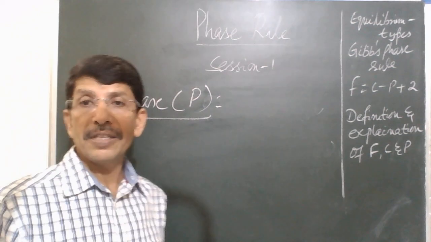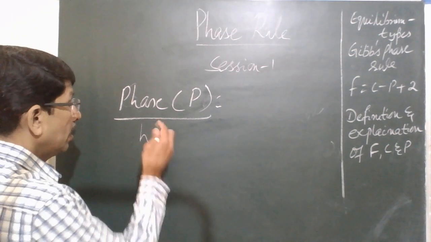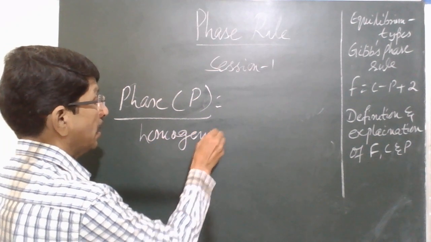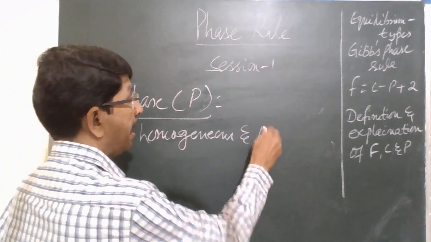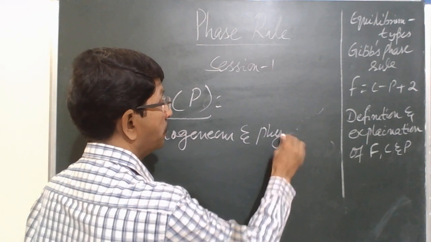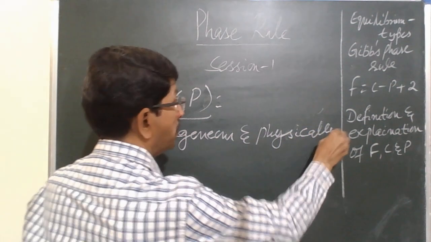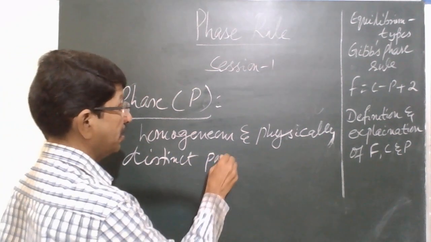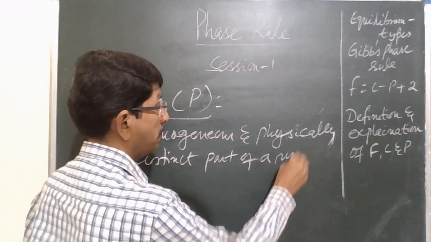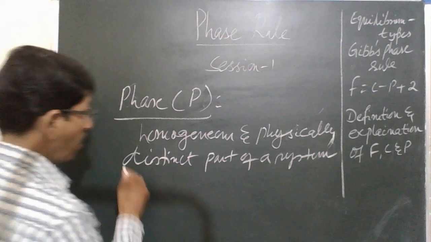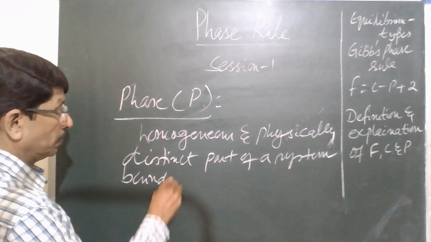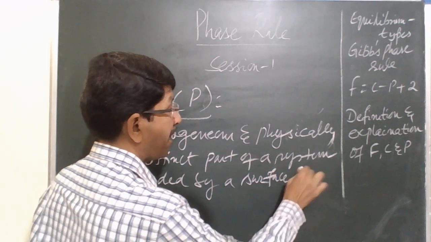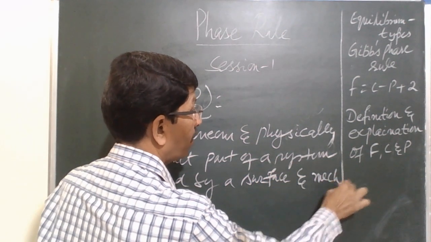So phase is defined as a homogeneous and physically distinct part of a system bounded by a surface and mechanically separable from other parts of the system.